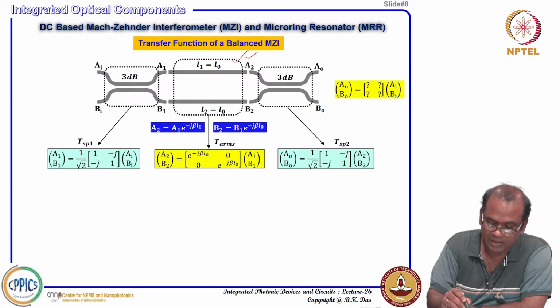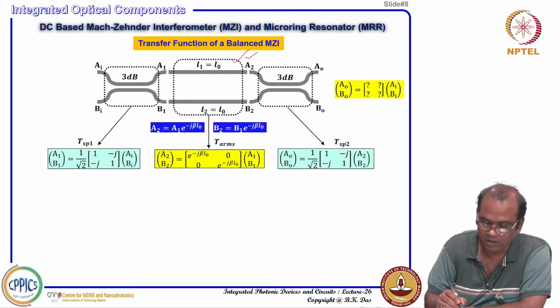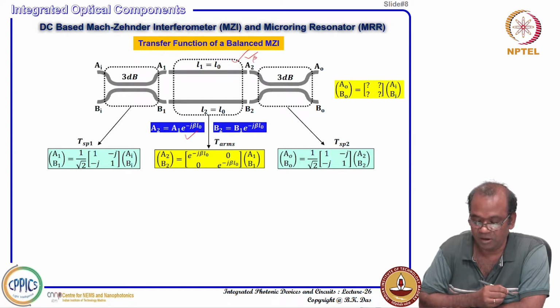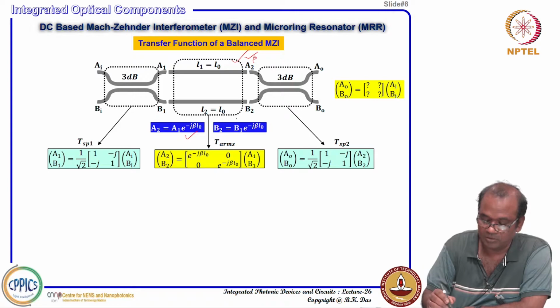After reaching here, A1 becomes A2. How? Since it is the propagation constant of the waveguide beta and the length is L0, you will acquire some phase, e to the power minus j beta L0. Similarly, B1 converts into B2, how? With an additional phase.